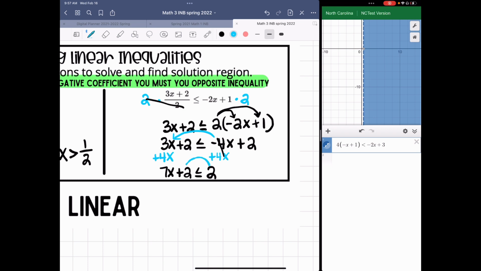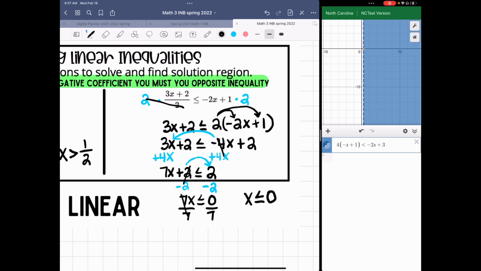This positive 2 needs to go over to the positive 2 on the other side, so I'm going to subtract that. And then I have 7x is less than or equal to 0. Well, I'm going to divide by 7. That 7 is positive, so it will not change the inequality sign. And then x is less than or equal to 0.